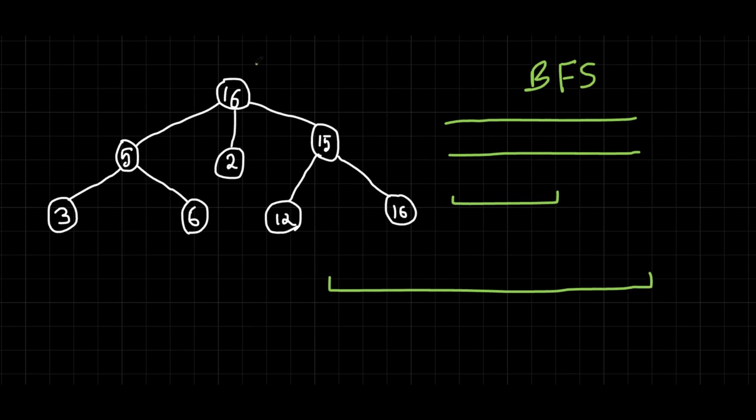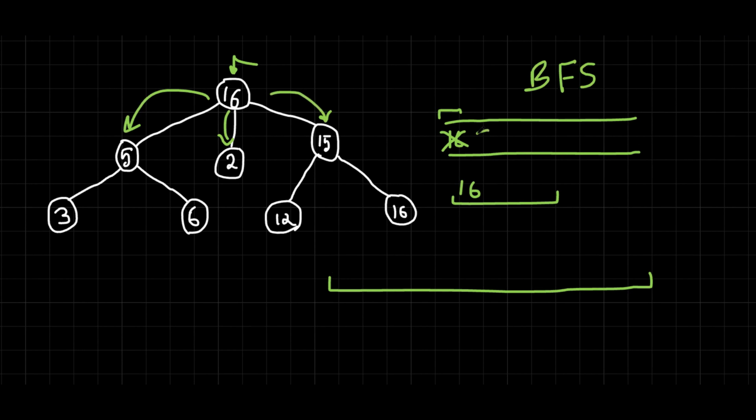Now, initially, the search will start from the root, which is 16. What is the size of the queue right now? It is 1. So we have to insert 16 here and remove the element 16. Now, removing the element 16, we notice that 16 has 3 children, which are 5, 2, and 15.